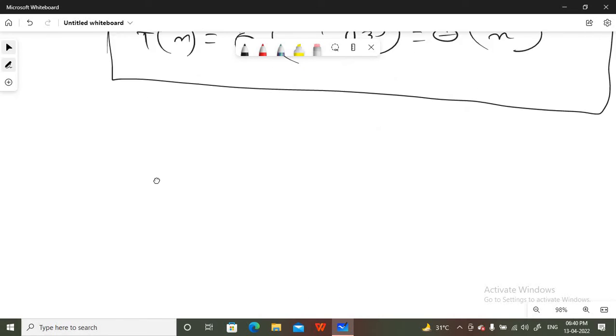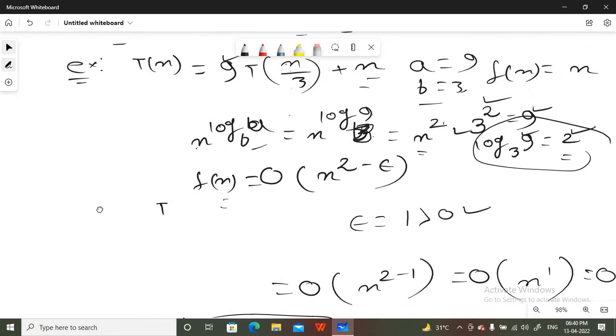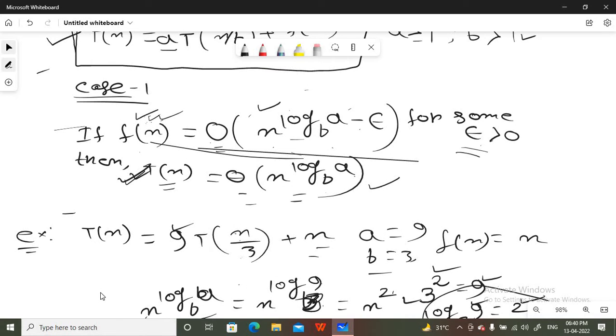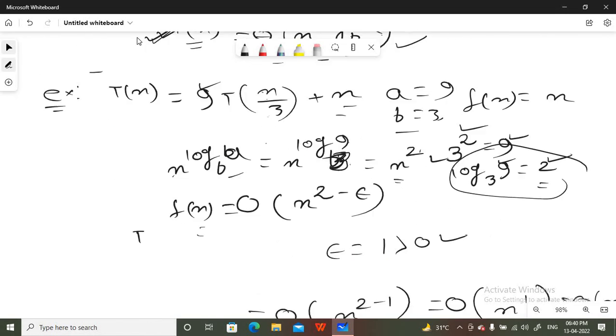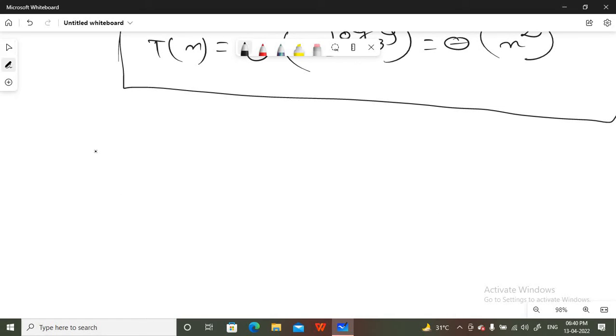Now here we also have case 2, because with the shape of this equation, it is not always possible that it will fall into the first case, where f of n is always big O of this equation. It will not fall like that. So case 2 is here for that.